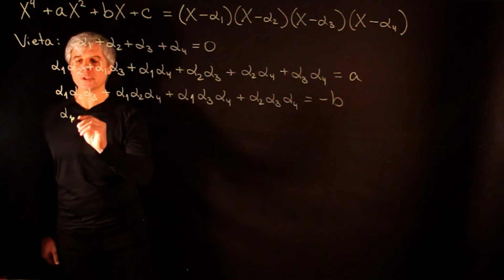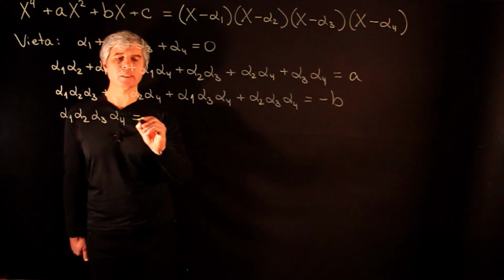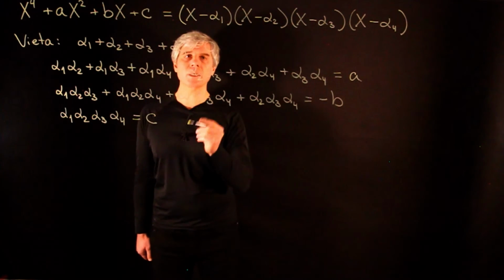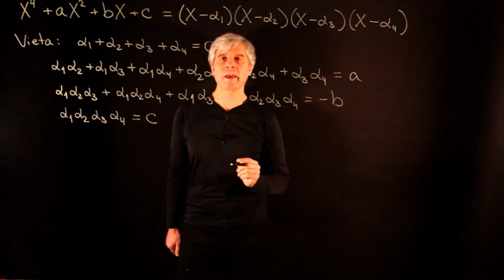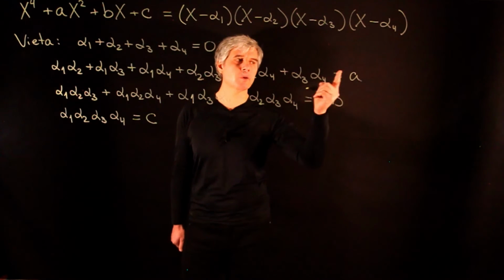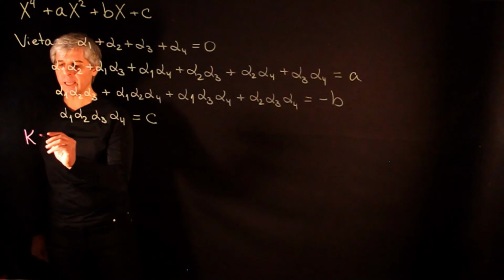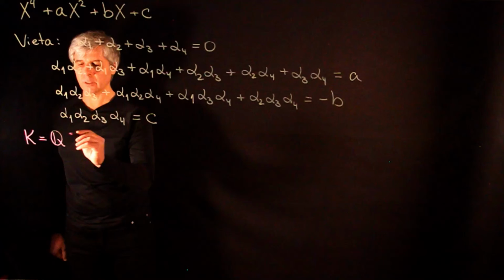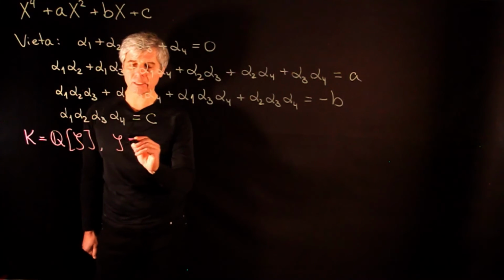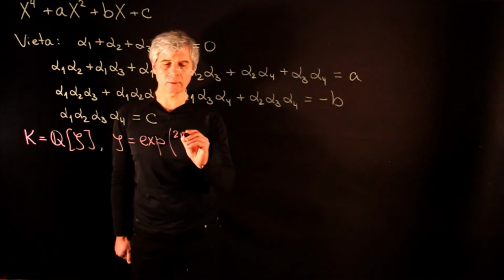And the product of the roots, alpha 1 times alpha 2 times alpha 3 times alpha 4, is equal to c. These are the values of the elementary symmetric functions in alphas, and every symmetric polynomial in alphas is expressible in terms of a, b, and c. As our base field, we'll take K, which is the extension of Q with zeta, where zeta is again the third primitive root of unity.